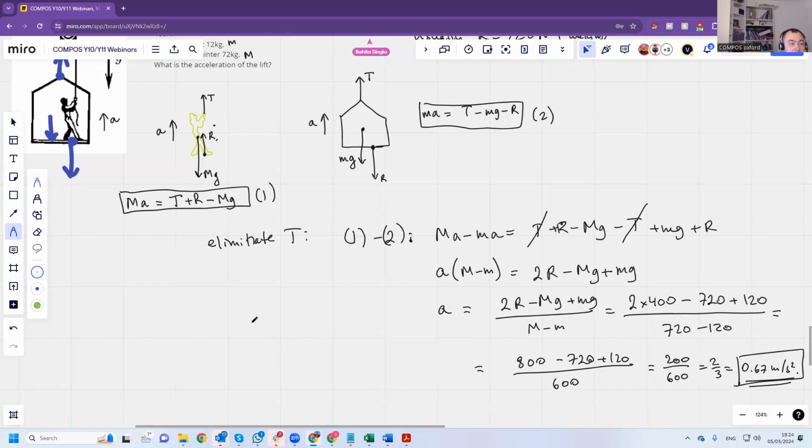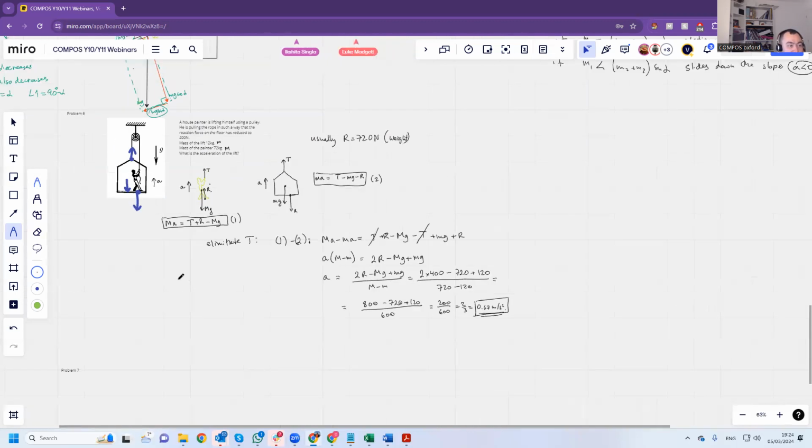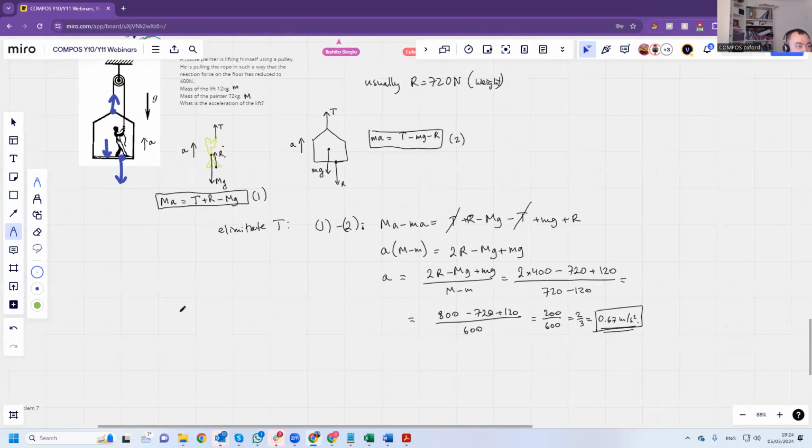Interesting. So we can find the tension with which the person pulls on the rope, just out of interest.